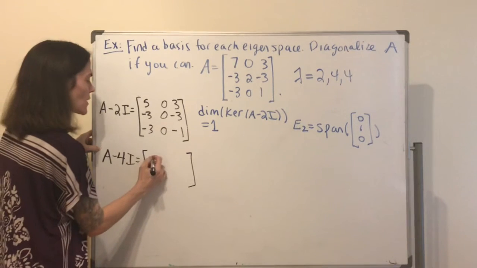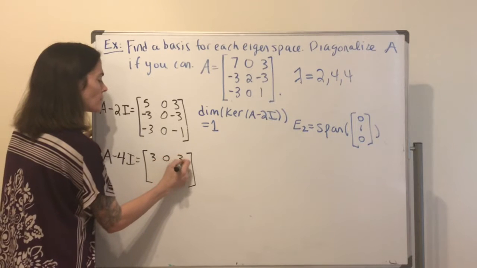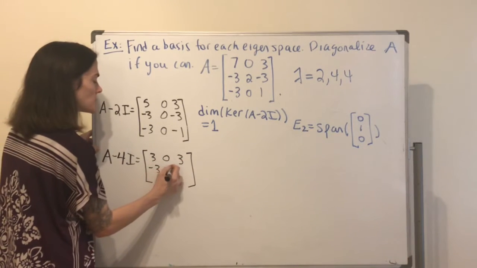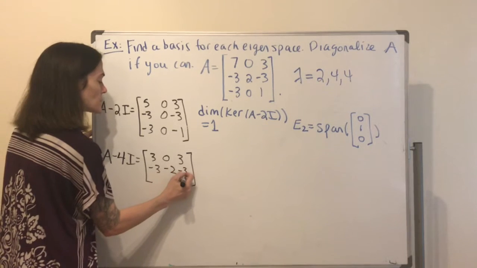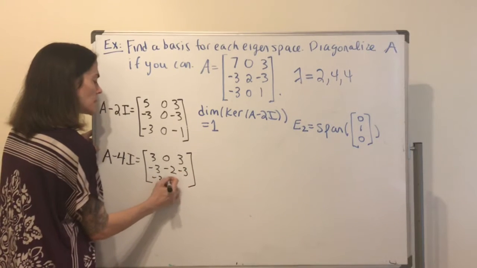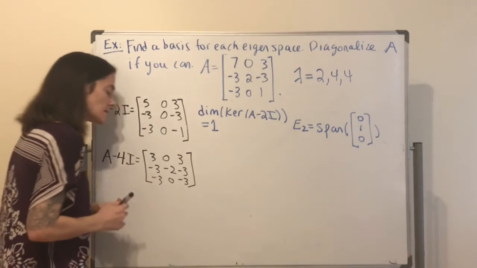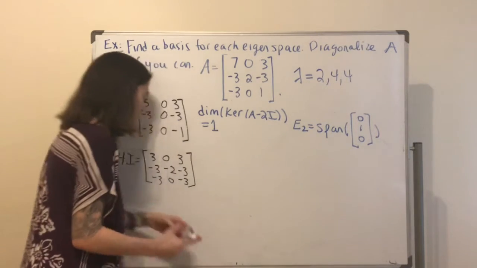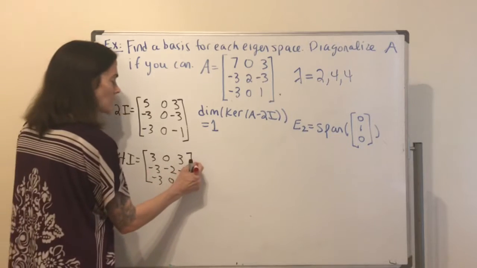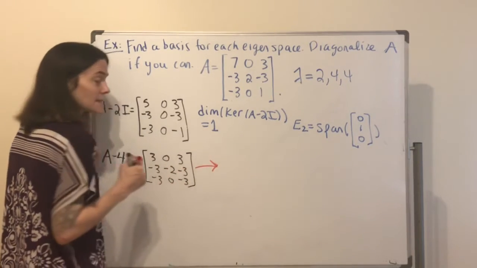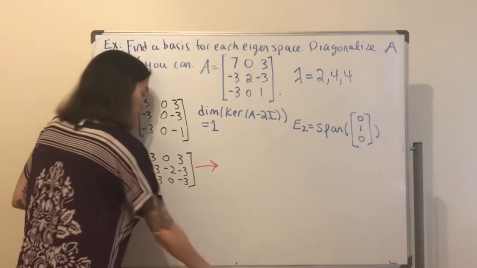A minus 4I is 3, 0, 3, minus 3, minus 2, minus 3, and minus 3, 0, minus 3. This is not in reduced row echelon form, but I'm not going to go through the steps. I will just say it's fairly easy in this case.